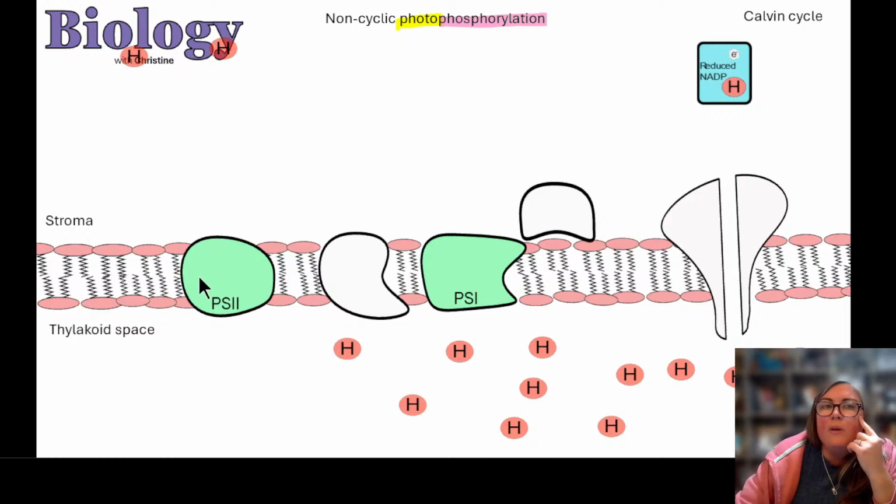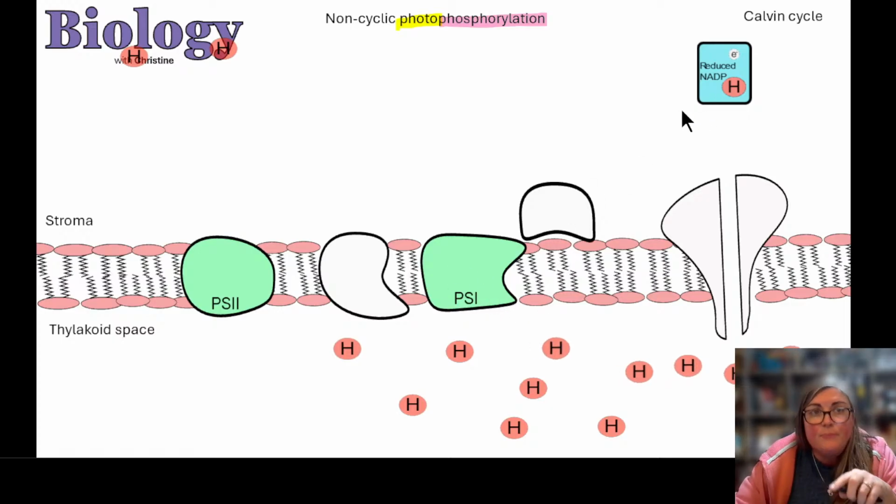So we saw that photosystem 2 donated its electrons to the electron transport chain, and that therefore went all the way to photosystem 1. The electrons from photosystem 1 have gone to the reduced NADP.